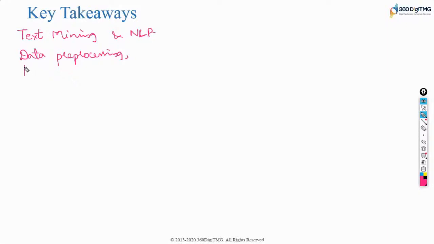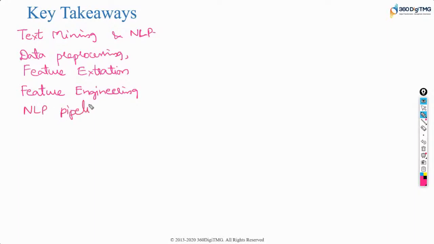Then we have done a lot of feature extraction, extracting the important features from the textual data. Then we have performed feature engineering. Then you have built a text classifier on top of that. We have built NLP pipeline as part of Python, right?